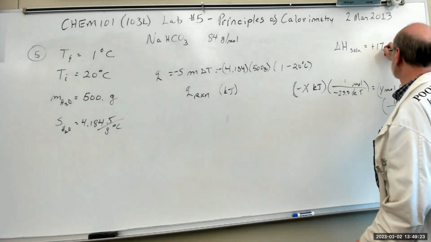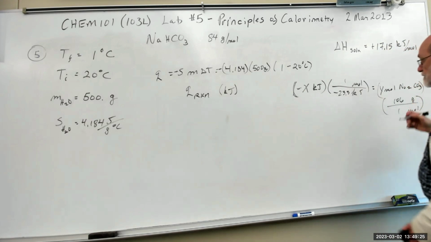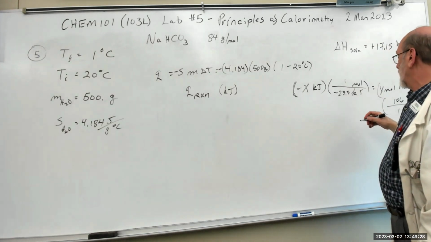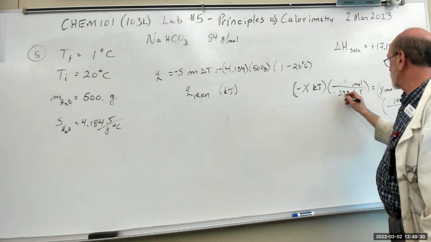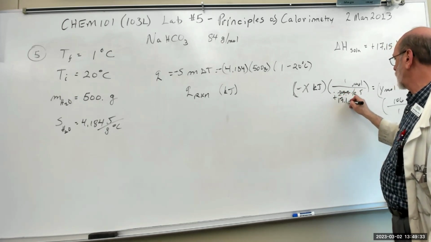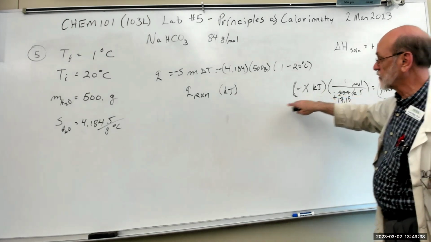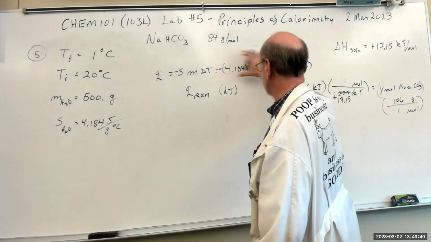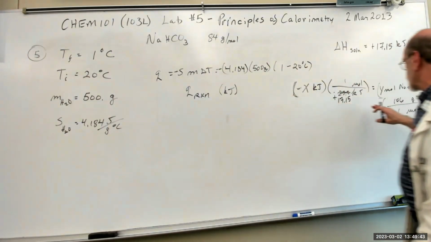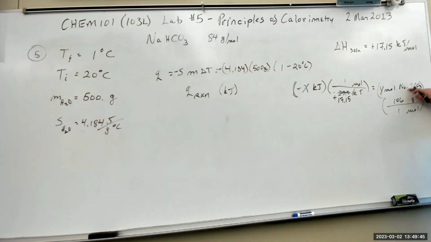This is positive 17.15 kilojoules per mole. And this is how many kilojoules will be produced in that reaction. That tells you how many moles of sodium bicarbonate, and then you multiply it by 84. And that gives you the mass of the sodium bicarbonate to do that cold pack.